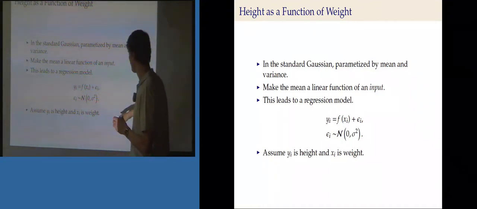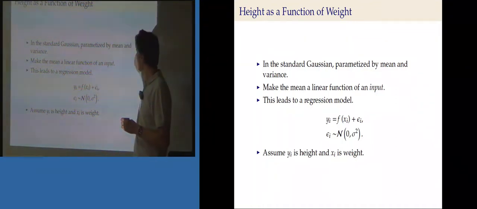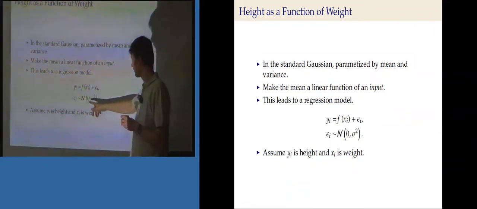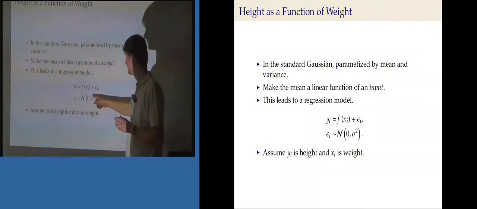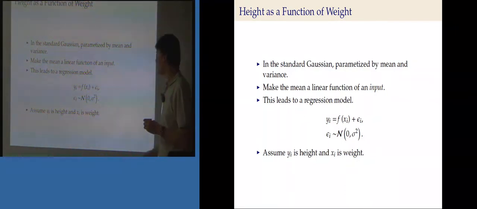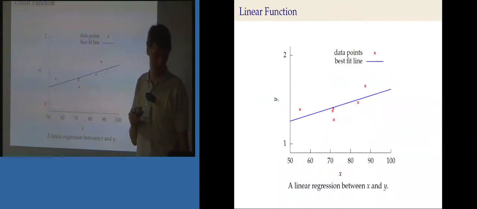So we often write this down like that, and I think that's what we all might think of as a regression model, that y is equal to some function of x plus some corrupting noise, and in this case we're saying that the noise is Gaussian. So that's a regression between x and y.